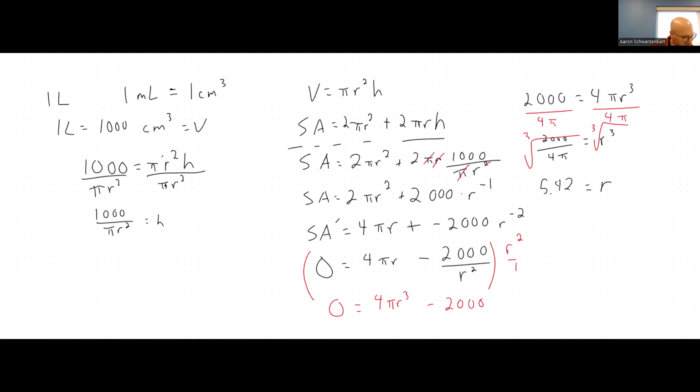Again, I need to check what does it ask me? It says what will be the dimensions? Am I done? No, that's one dimension. Dimension 2, and I'll leave space here to write them together at the end. I need h. I have this right here is the easiest form to get h.